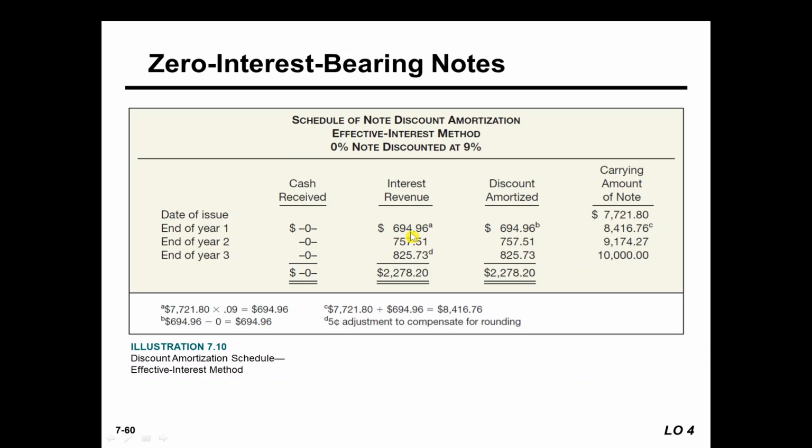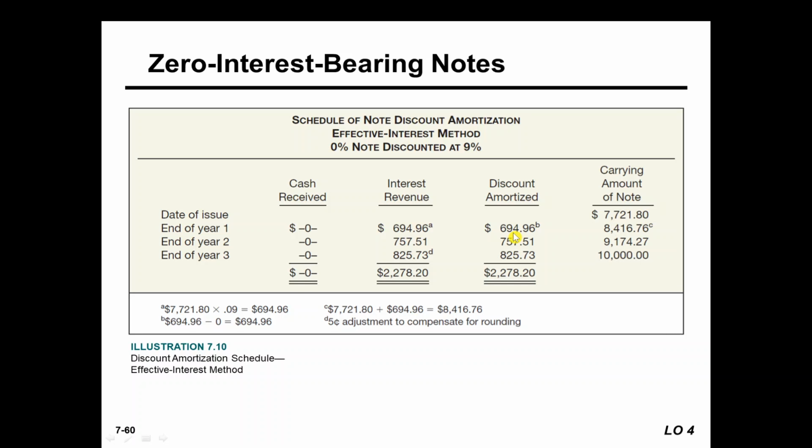Interest revenue equals the market rate of similar notes or bonds times the carrying amount. So it equals 694.96 here.